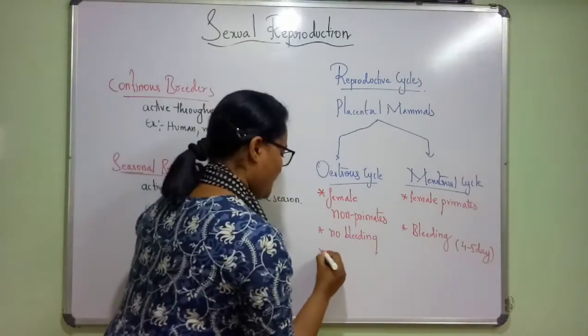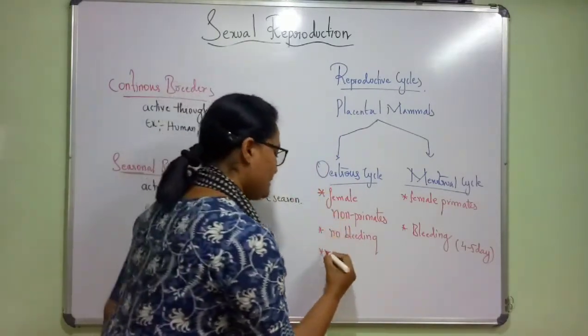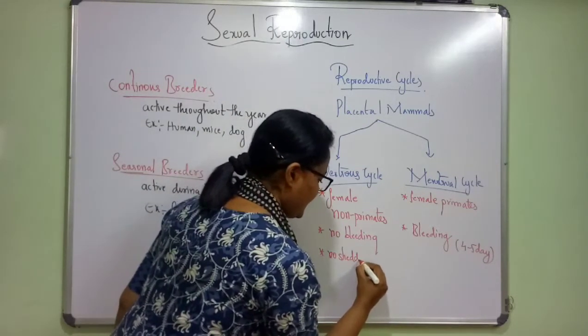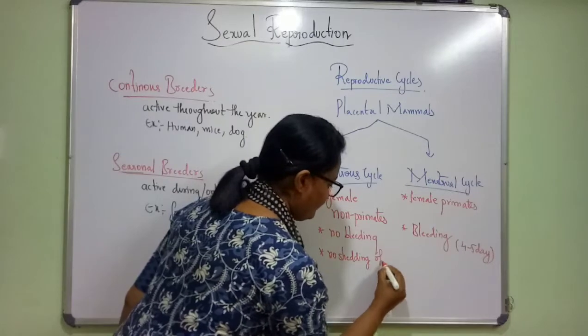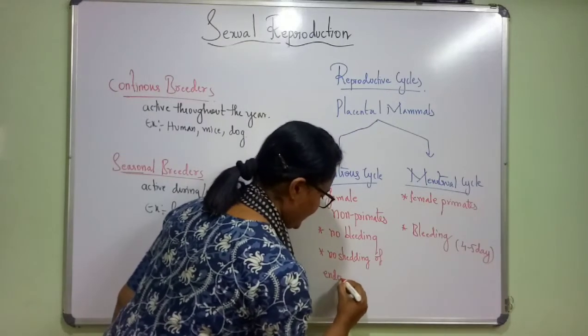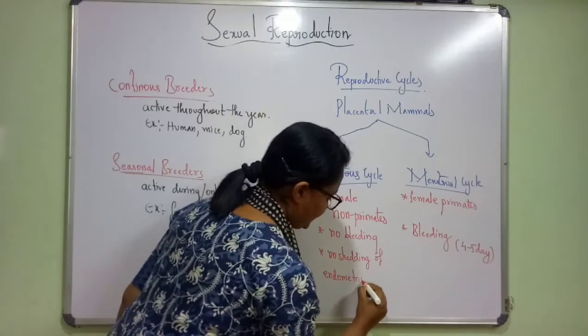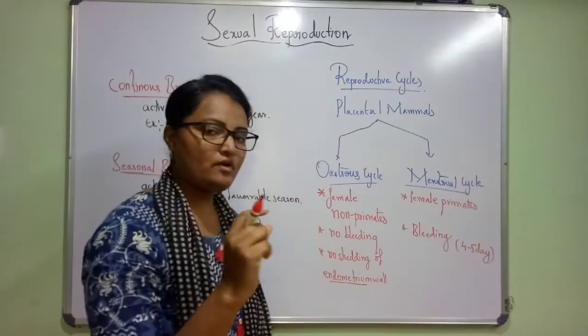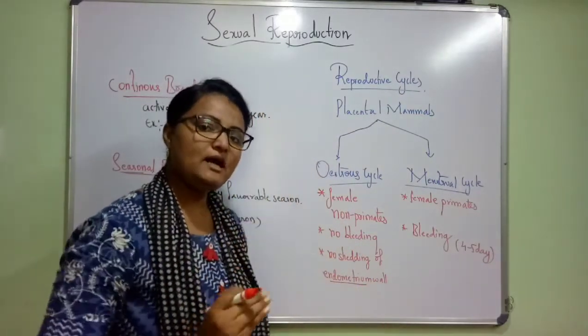What makes them not bleed? Because there is no shedding of the endometrium wall. The endometrium is one of the layers present in the uterus.